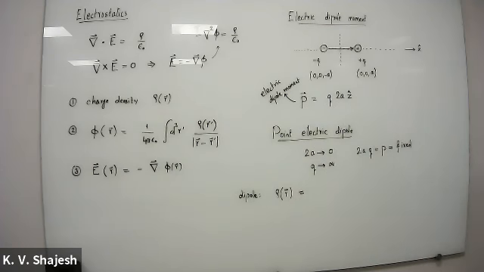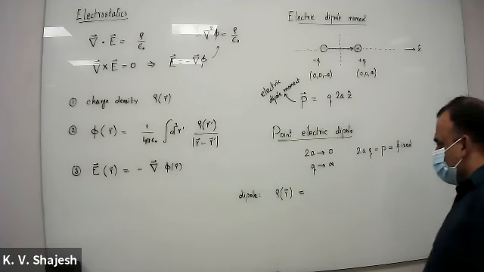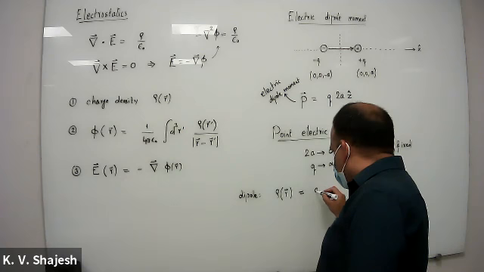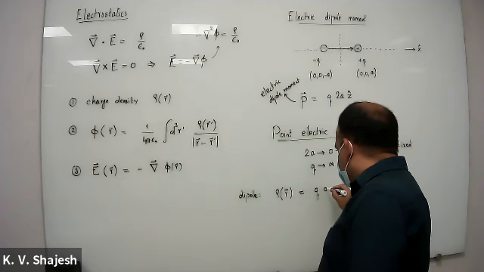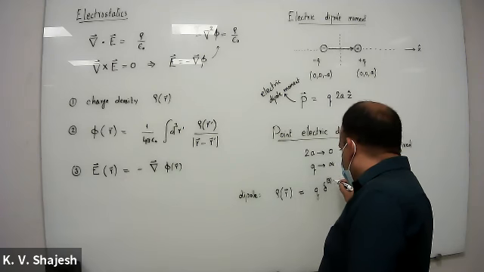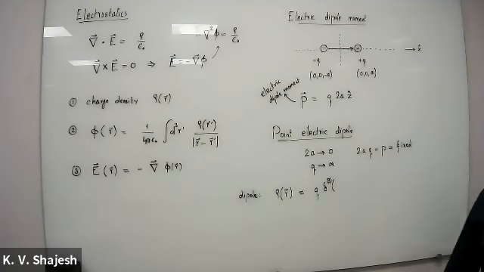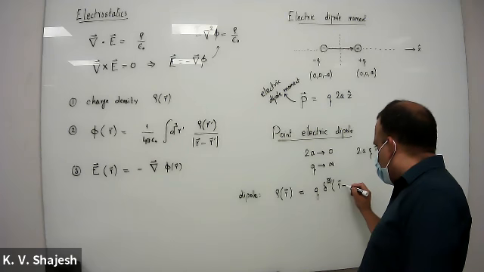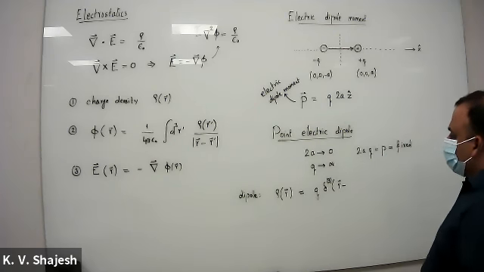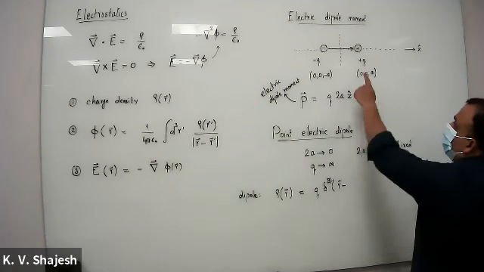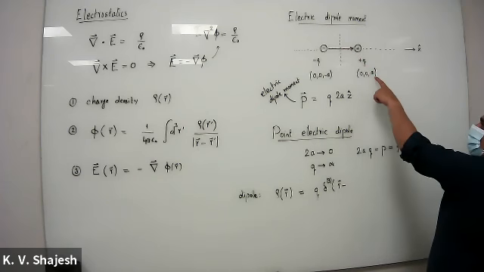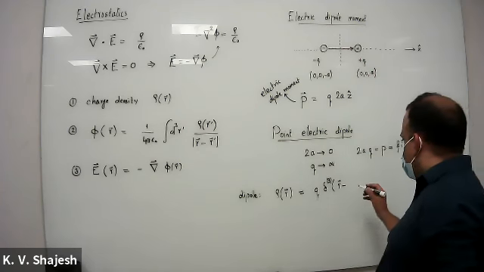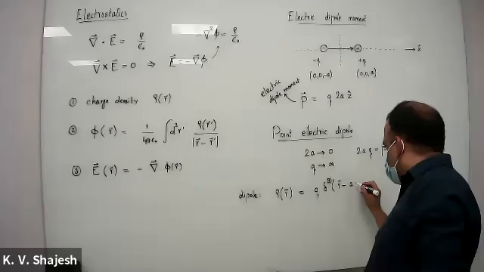There are two charges, so we just have to add the two charge distributions. If it was a point charge, we simply say it is the delta function at one point: the position of the charge minus where it is situated. This is a positive charge, so it is situated at plus a z hat.